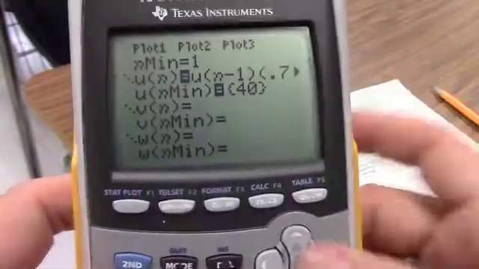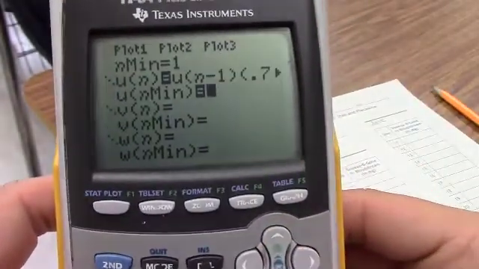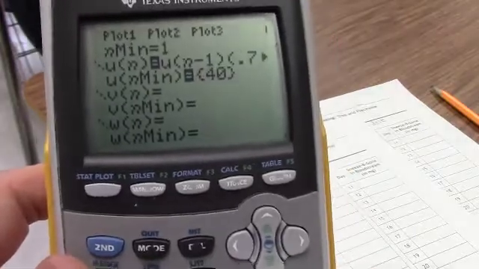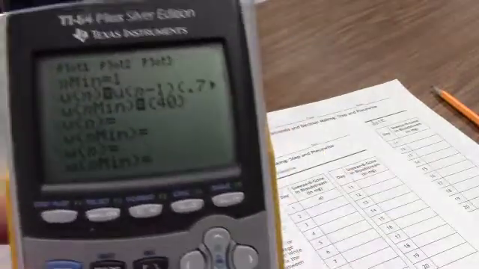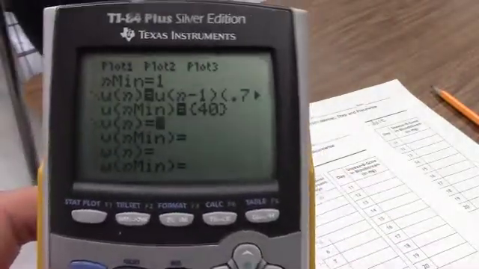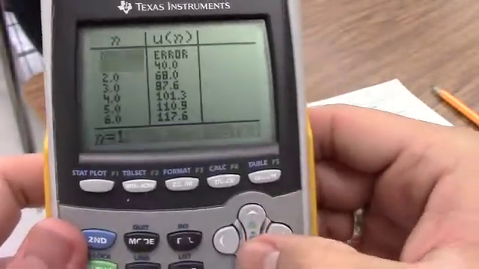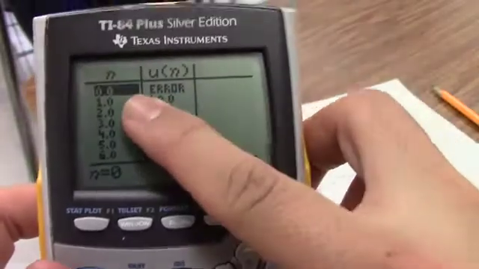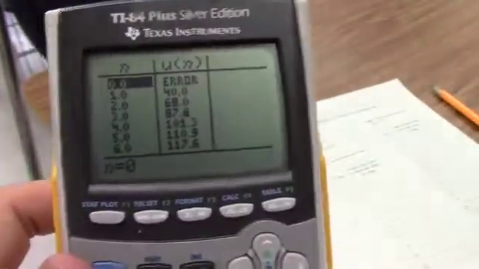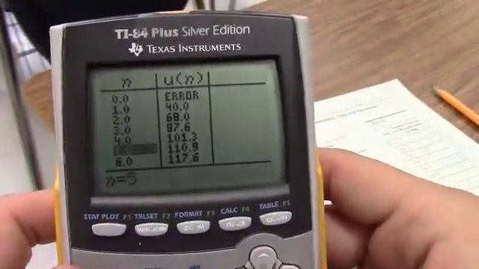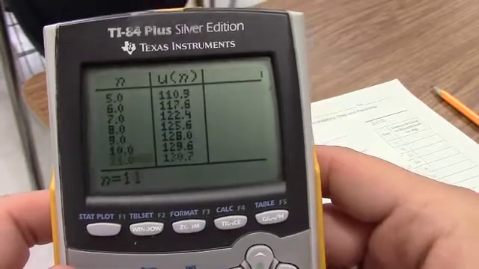If you don't put the brackets, the calculator puts them in itself. So clear. So 40, enter. That just means that it's a list of numbers, and we have a list of 1 right here for now. If you take a look, the 40 is right there. And of course, 0 is always going to be an error because we're not going to be starting from 0. And then you can look at all your numbers.